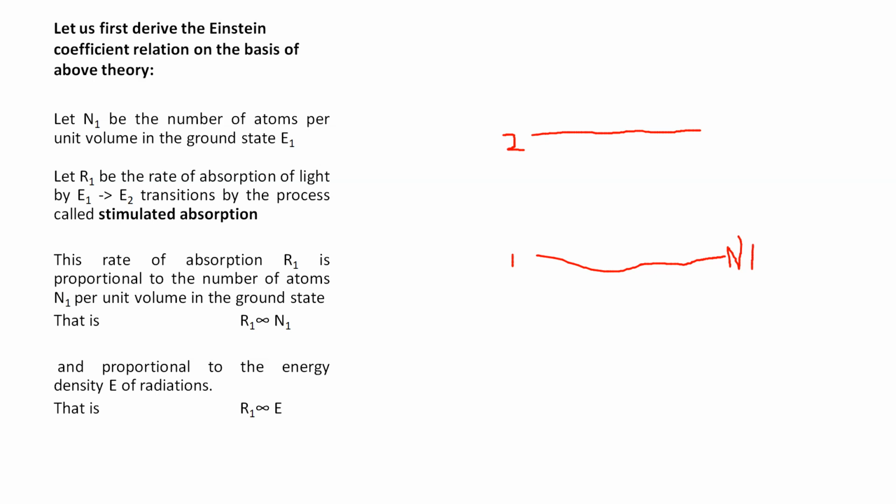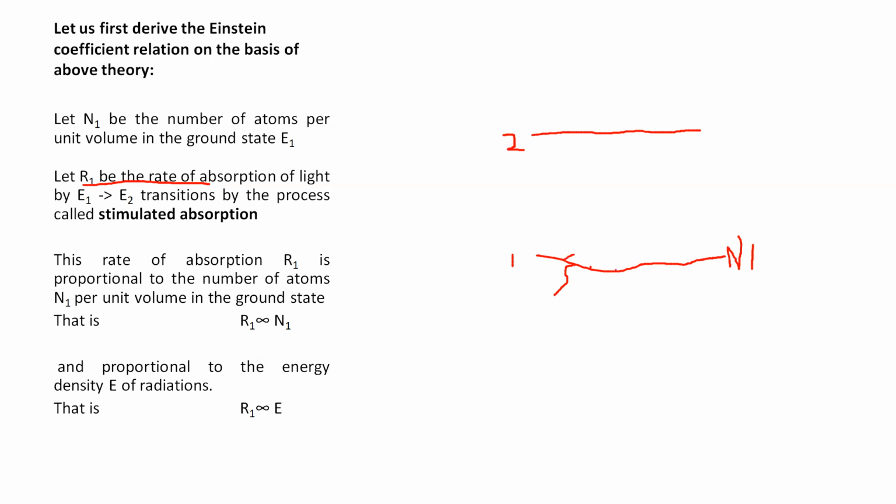Now suppose R1 is the rate of absorption of light by the E1 to E2 transition by the process called stimulated absorption. Now what is basically stimulated absorption? I will review here again that we provide external energy to the electrons present in the state E1.